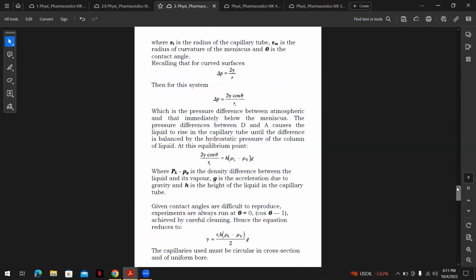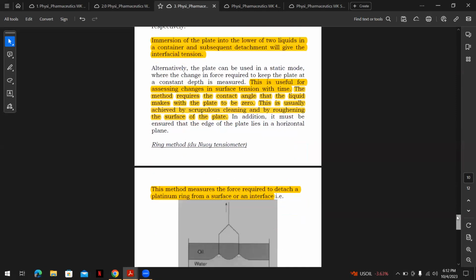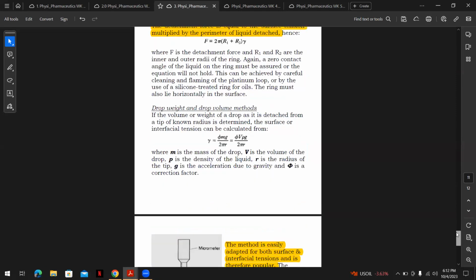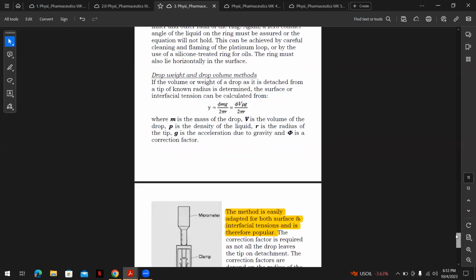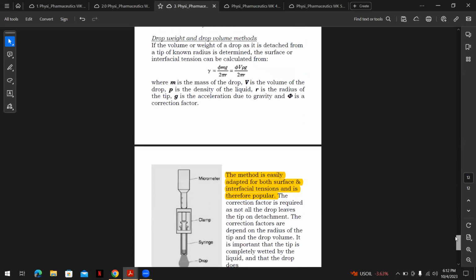Then you'll get your surface tension. I don't know if they make us calculate that, but I think it's important to know the basics of the methods, because these are technical equations.